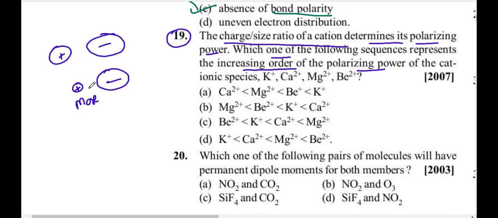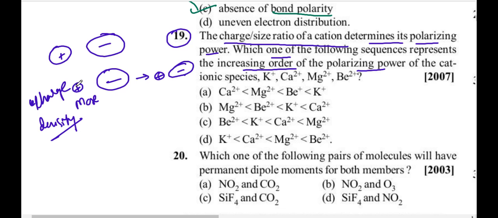See what will happen if I take these two: this negative charge becomes like elliptical shape, covalent nature. Okay, this is the polarized. This cation has polarizing power, but here less polarizing power. This one has less polarizing power. So here charge density is more.